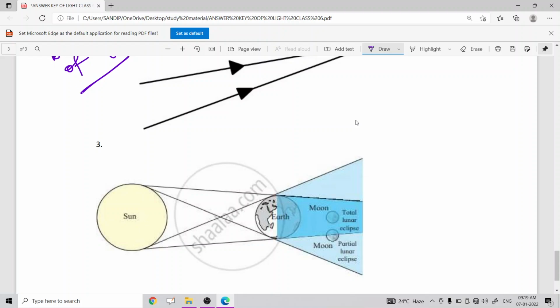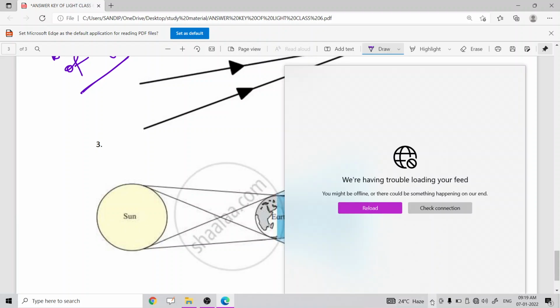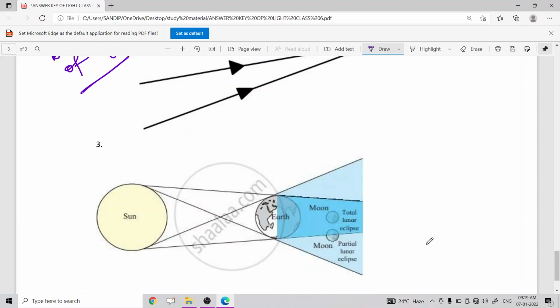The second one is a shadow formed by an extended source of light when the object is larger than the source. This is also in your book. You already have this question as question number 2G.